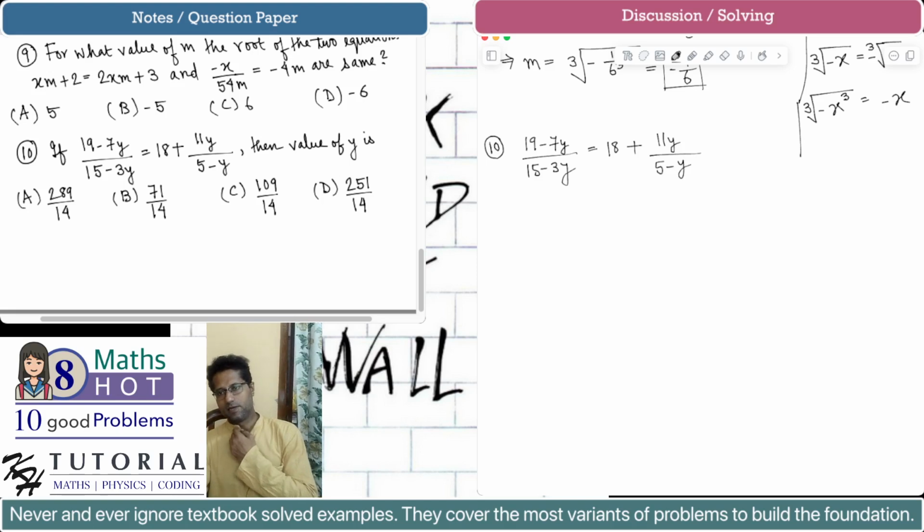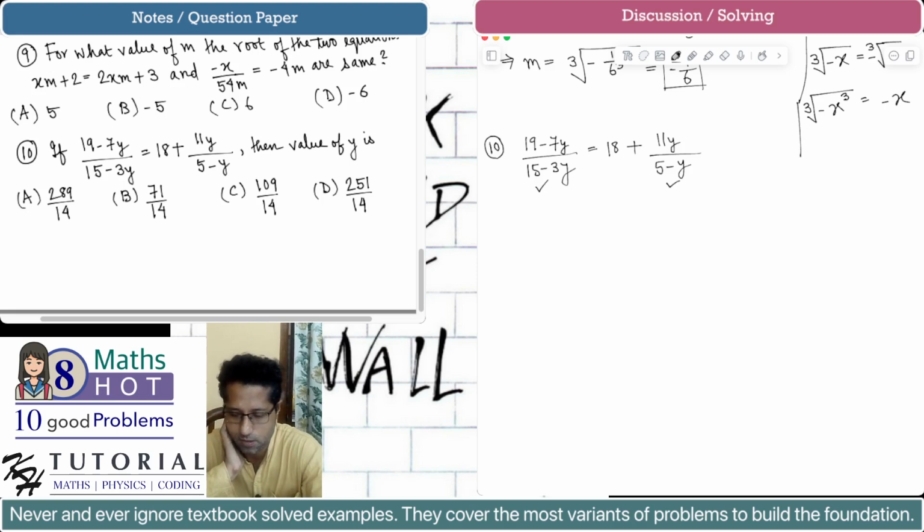Clearly we see that there are two rational terms in the equation, and the denominators are having the variable y.